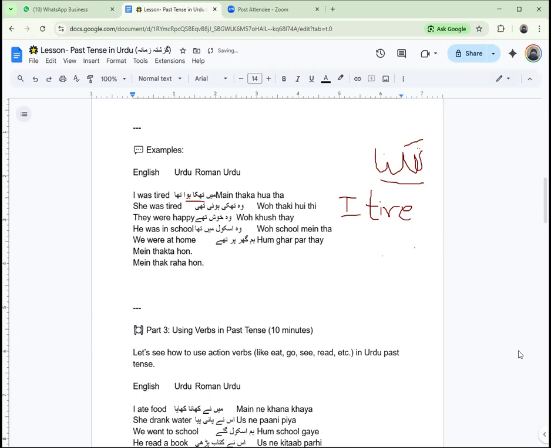And for past tense, मैं थका हुआ था. So what does this hua mean? Because hua we don't use in present tense.